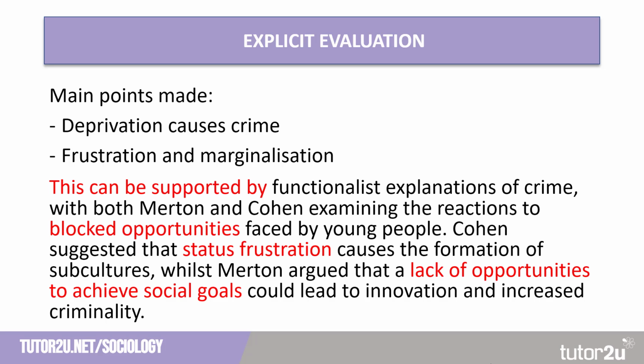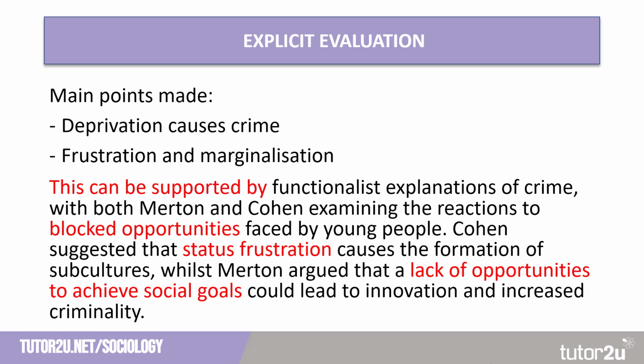Once again, in red, I've highlighted where I've linked back to the main body of the paragraph. And also here, I've highlighted in red, 'this can be supported by'. This is our signpost to the examiner that we are evaluating it by bringing in some supporting theoretical evidence.